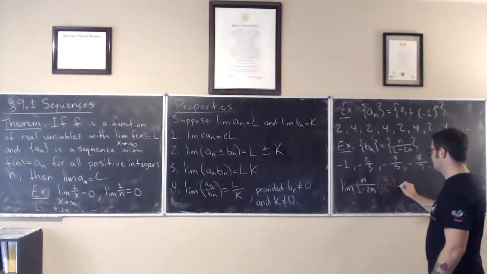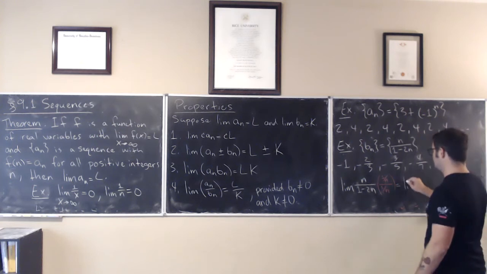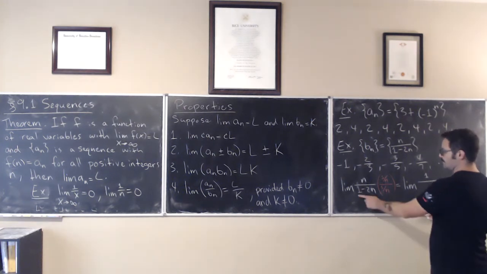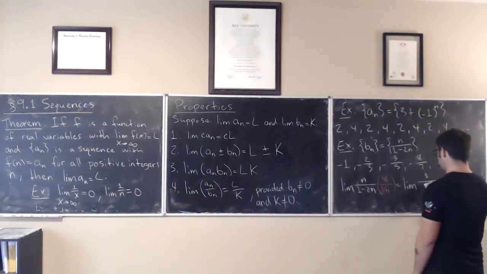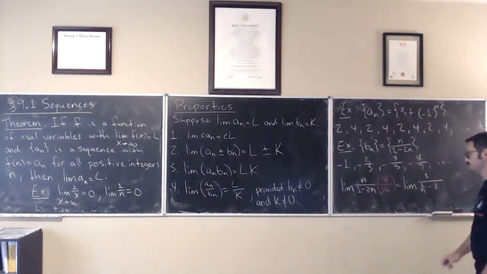So what is this going to become? n times 1 over n is just 1. 1 times 1 over n is just 1 over n. Minus 2n over n, so just minus 2.